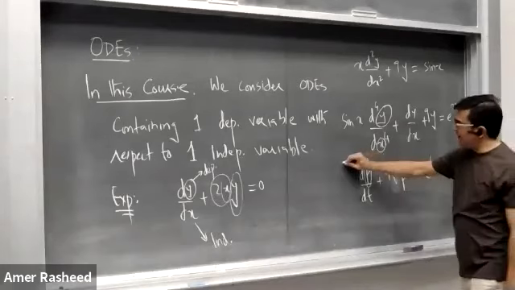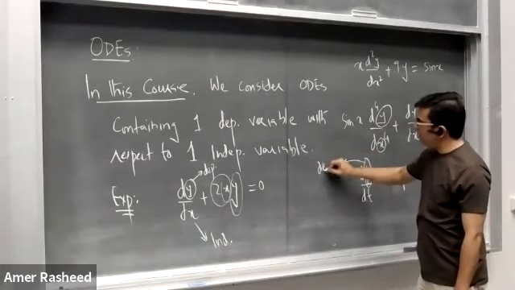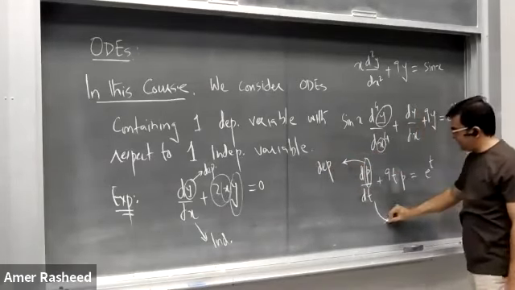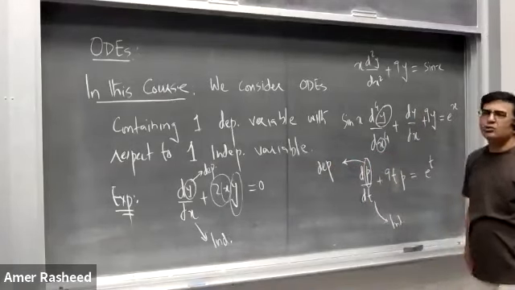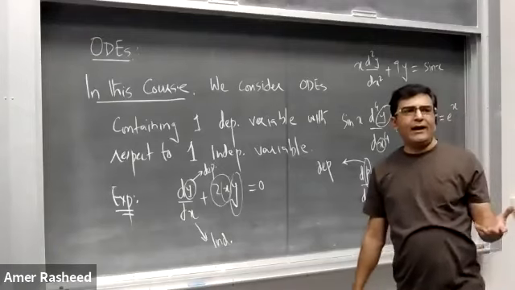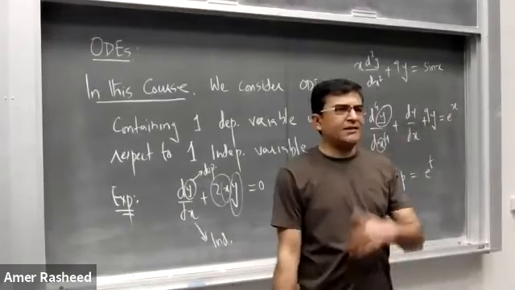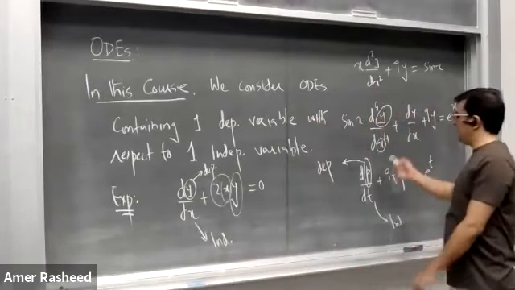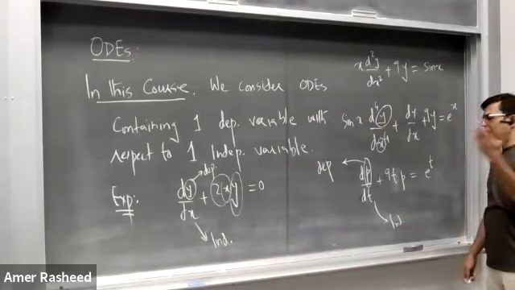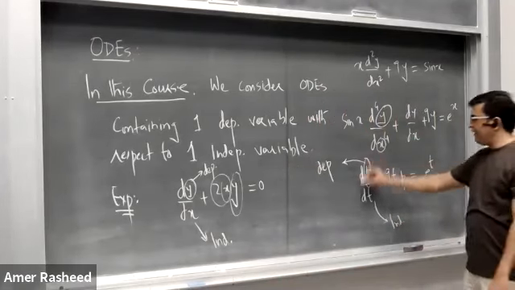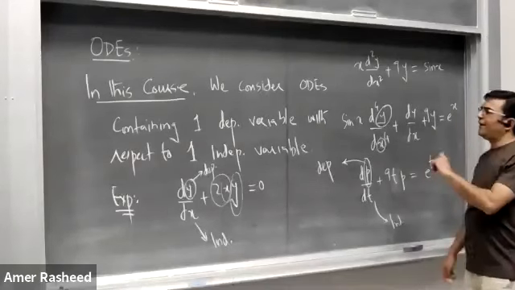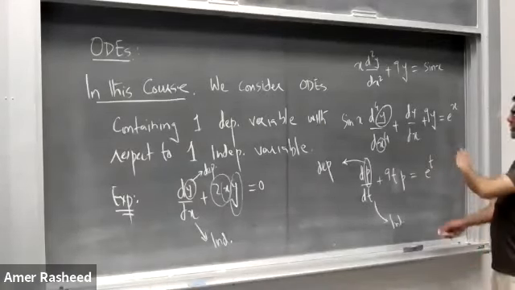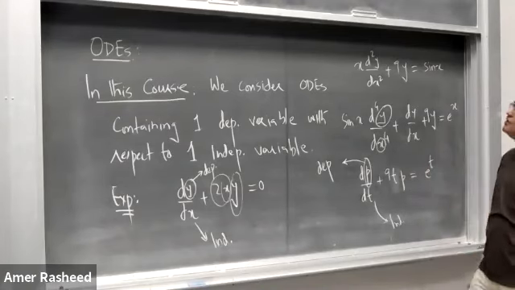Yes, P is the dependent variable and t is the independent variable. So this derivative tells you which one is dependent and which one is independent. It doesn't matter which variable it is, y, x, t, anything. You have to look at the derivative involved in that differential equation in order to know about the dependent and independent variables. I hope you get it. If you have any question, you can ask me.